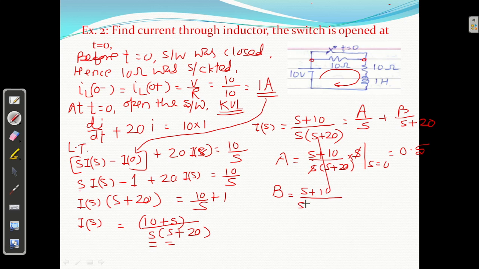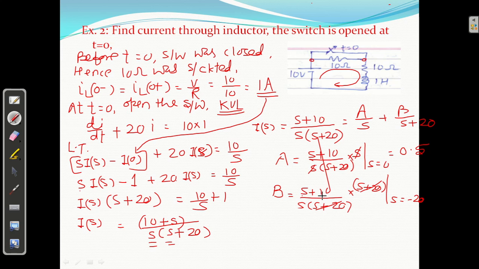Similarly for B, S plus 10 upon S, this value multiplied by what? What is the denominator of B? S plus 20. So this S plus 20 will be cancelled and put S equal to what? Minus 20.